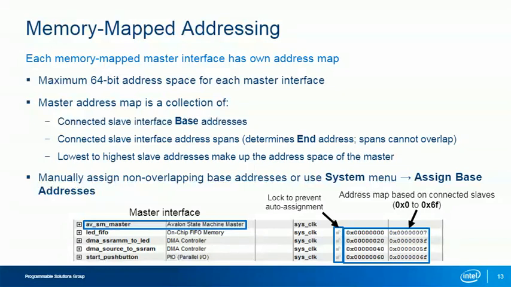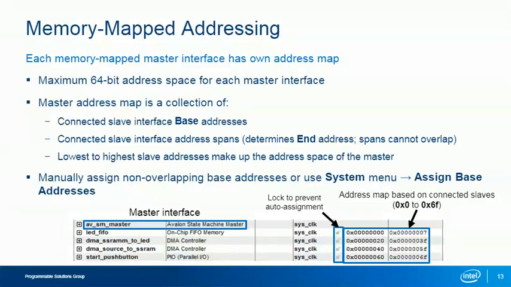The address span of a master interface is the collection of address spans of all of its connected slave interfaces. The address span of each slave interface is determined by the lowest or base address assigned to it and the size of the component's addressable register map for the interface, defined by the component itself.